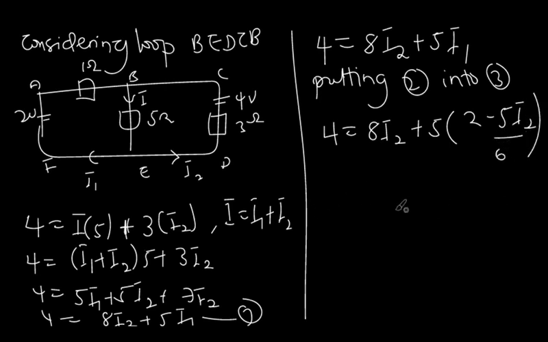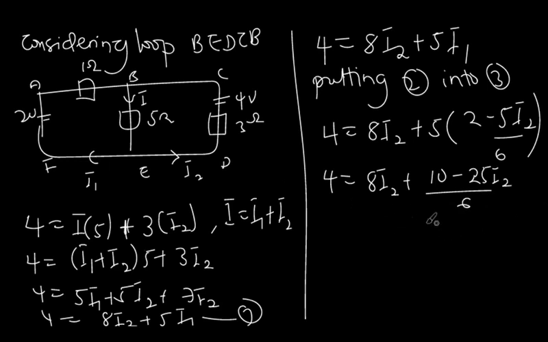Okay, so if we use the 5 to multiply everything over here, we get 4 is equal to 8I2 plus 10 minus, 5 times 5 will give us 25I2 divided by 6. So let's multiply through with the LCM, which is 6, to get rid of the fraction over here.